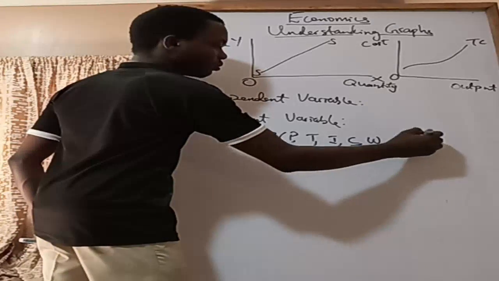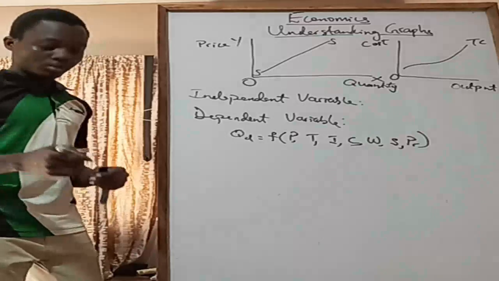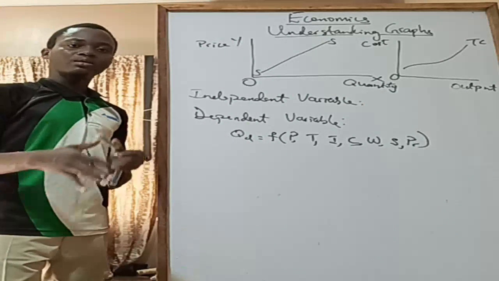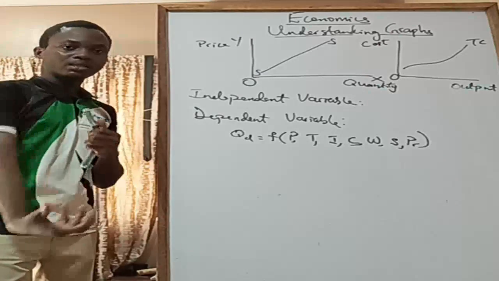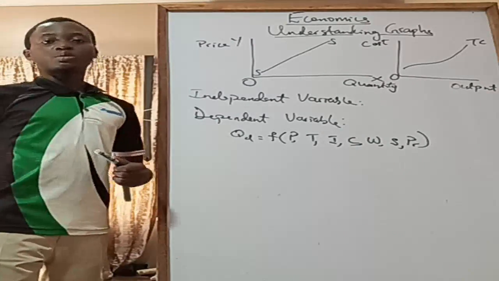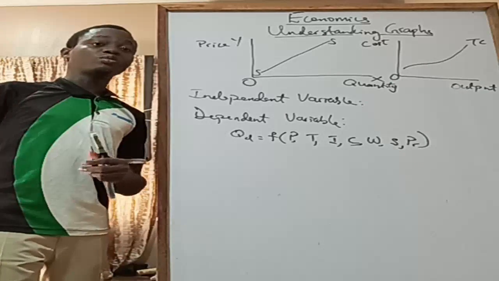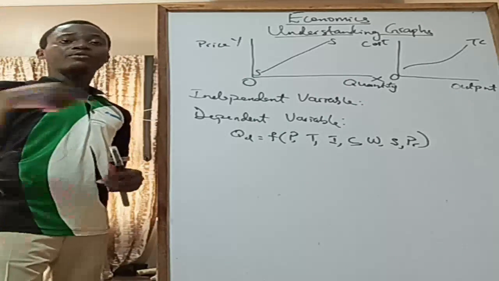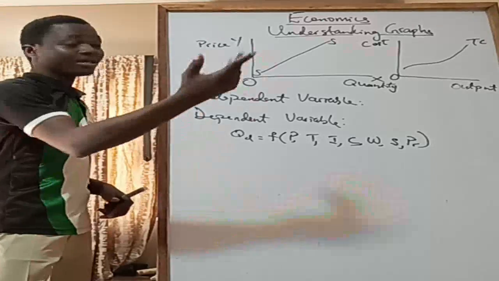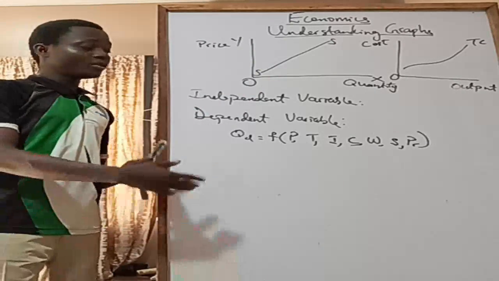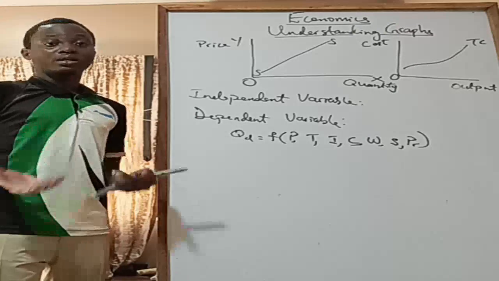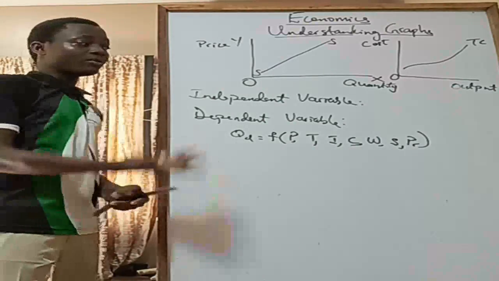Let's say you want to buy a Tecno phone, and you are trying to check if you should buy this phone or not. Then there is Samsung, the alternative. You look at their qualities and prices, and that can influence your demand for a phone. So there are so many factors, and there are probably some in your mind that I've not even included here.